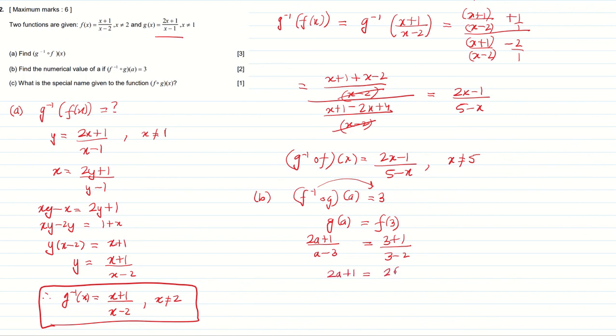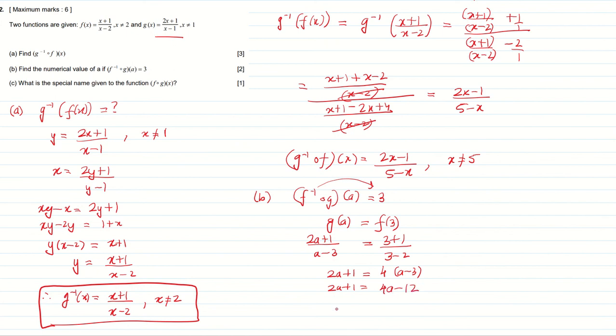So this is 2a minus 3. So 2a plus 1 is equal to 2a. 3 2s are 6. Beg your pardon, this is 4. This is 4, I made a mistake. So 4a minus 12.